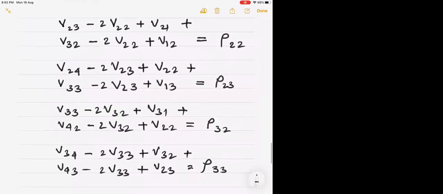So these are the 4 equations solving which I'm going to have the solution.